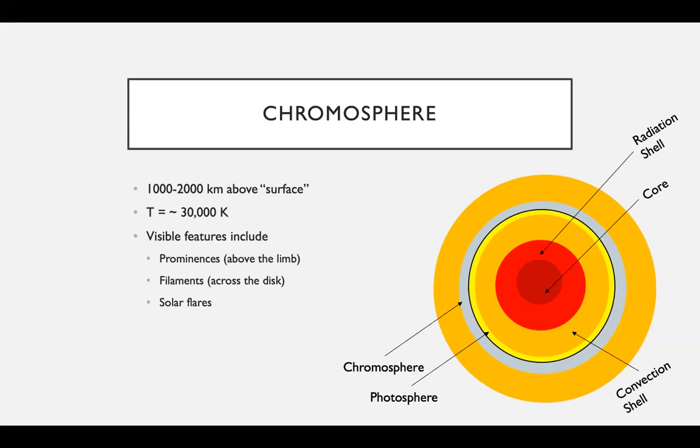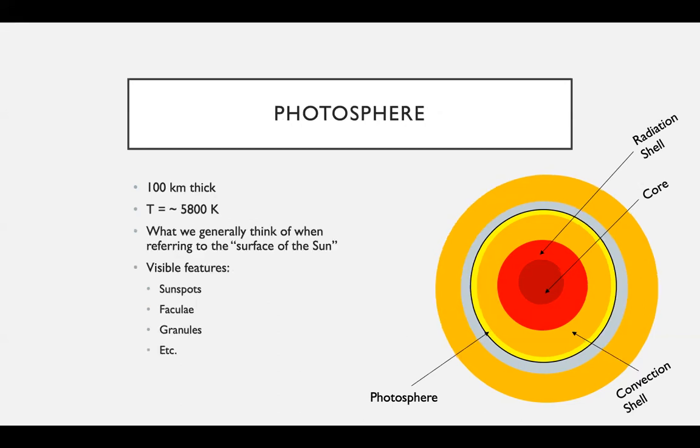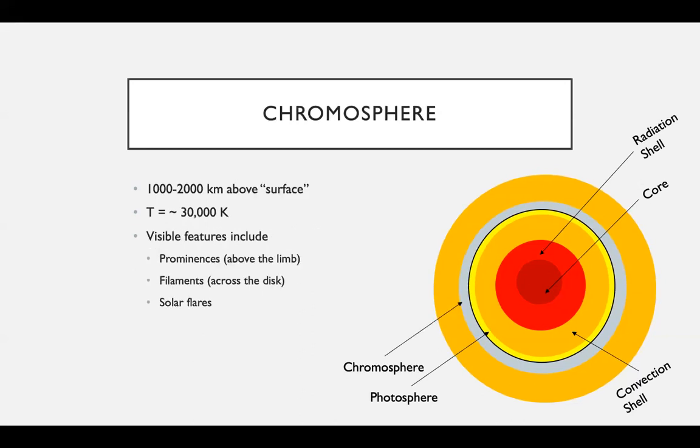In the chromosphere, just outside of the photosphere, extending to between 1,000 to 2,000 kilometers above the surface, the temperature is about 30,000 Kelvin, which you'll notice is actually a bit hotter than the 5,800 Kelvin which we saw in the photosphere. Visible features here include structures which extend beyond the photosphere, so prominences above the limb, and filaments, which are seen across the disk, dark streaks across the disk.